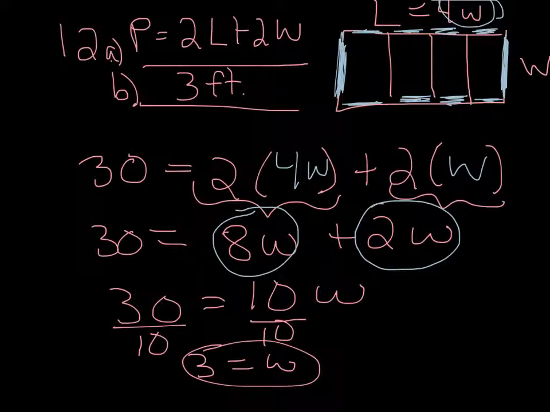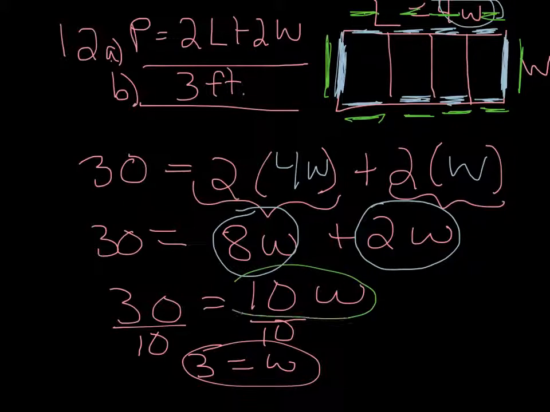Ta-da! And so how many W's do we have all together? We have 1, 2, 3, 4, 5, 6, 7, 8, 9, 10 W's. Ta-da! So that's how we got it visually, so hopefully you can see that.